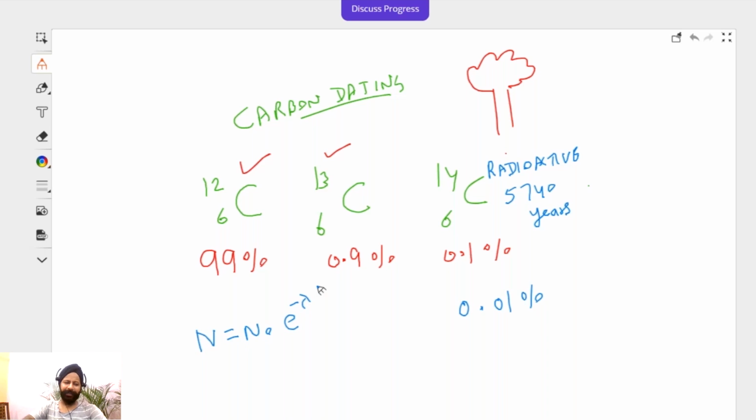I know how much is there now in percentage terms, how much it was when it was alive, and lambda I already know from this. So then I can know the time period, how much time has elapsed since this dinosaur died, and this is called carbon dating. You can find the age of the dinosaur or anything that is fossil, that was living sometime and now is not living, by using radioactivity.